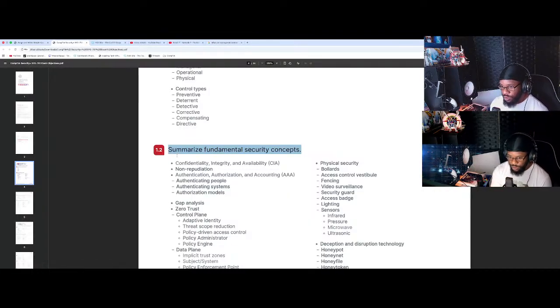In the second bullet point, we have non-repudiation. And non-repudiation is basically when, let's say I send you an email again, and maybe I said something really mean in that email. You took it to HR, and then you said, look, Lee sent me this email. If I denied it, right, I could basically say, hey, that wasn't me. Somebody must have hacked me, or somebody must have been impersonating me.